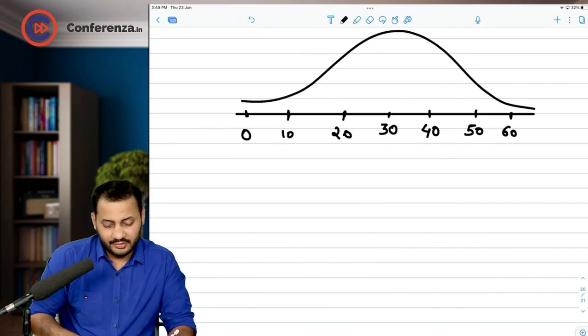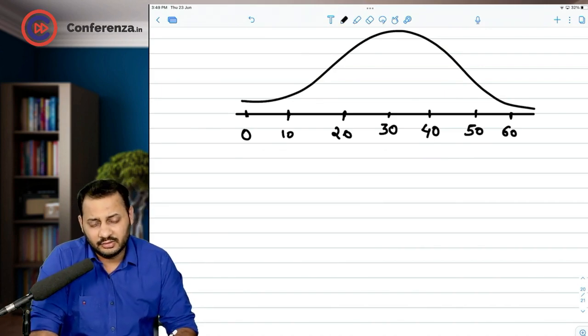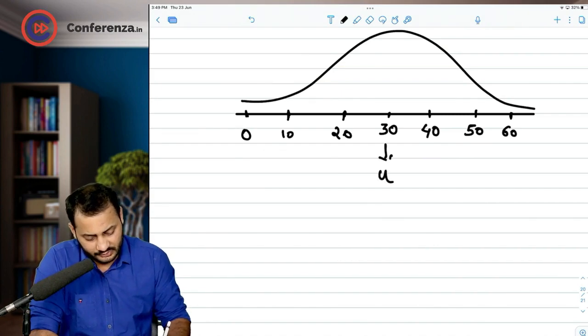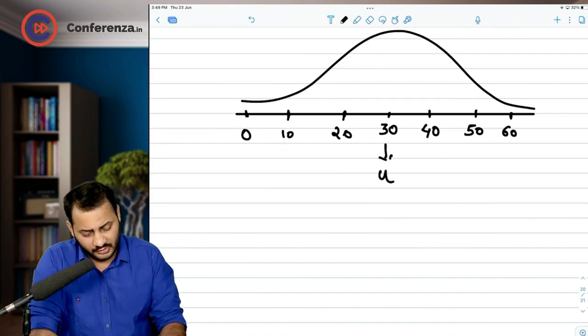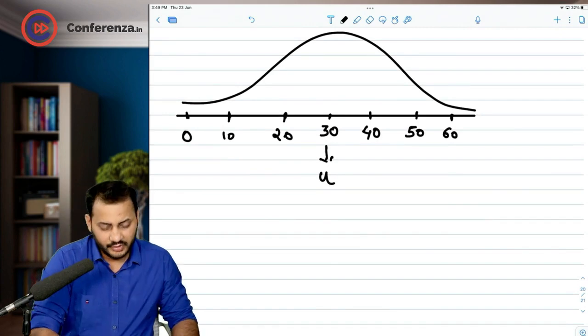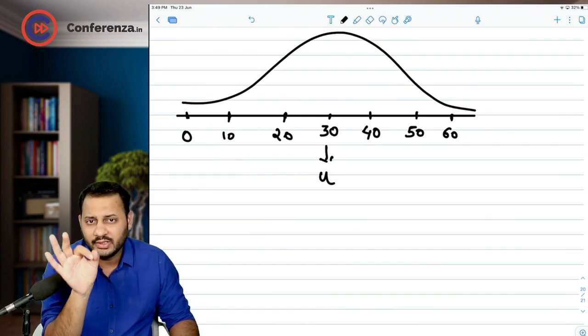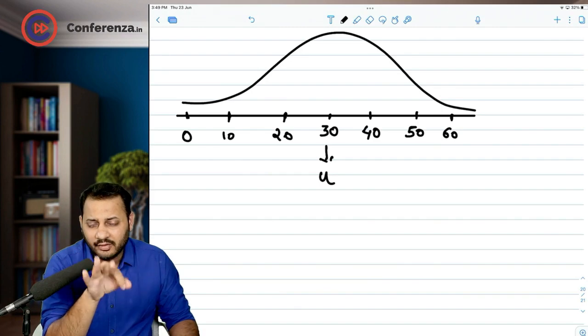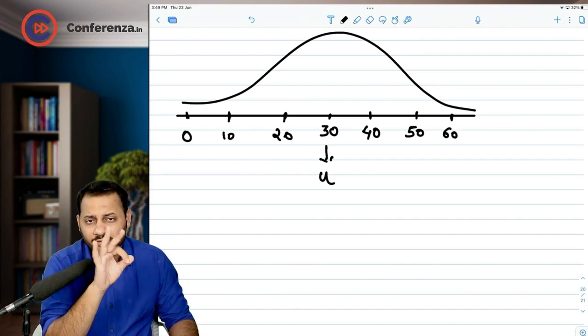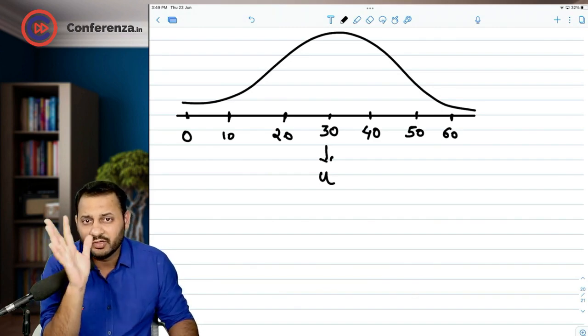Now, if we think from the bell-shaped angle, this is the mean to us. Now, let's just take out an example. How many coins are required in order to make the total 50?